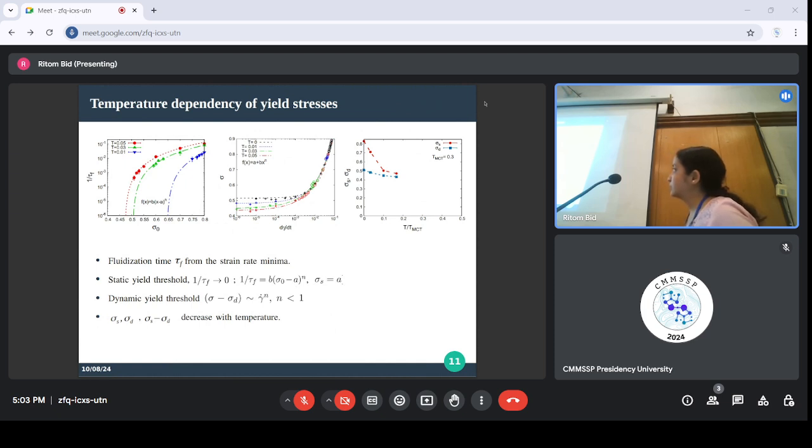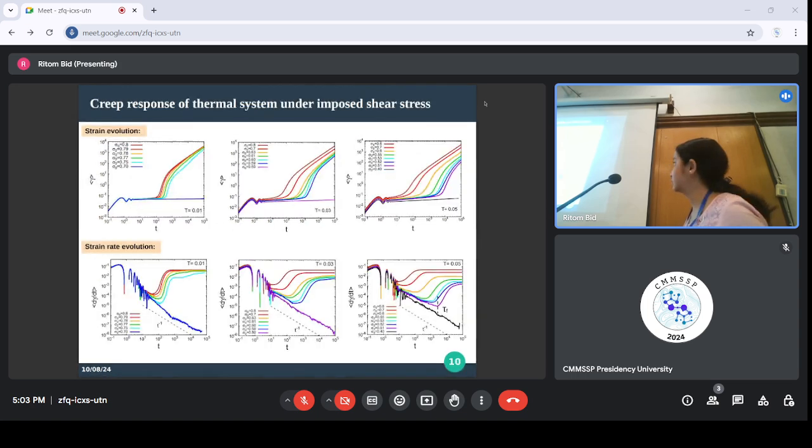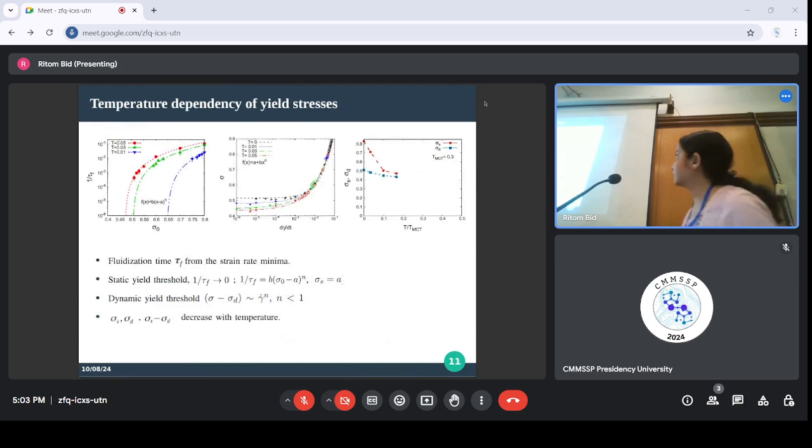And from this fitting or this cut point, that is in the limit of large fluidization time, the static yield stress has been determined, and the dynamical yield stress has been determined from the steady state flow properties. And we found that both the static and dynamical yield stresses decrease with increasing temperature. Maybe it's because thermal fluctuation comes into play now.